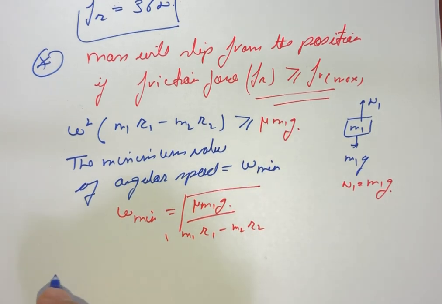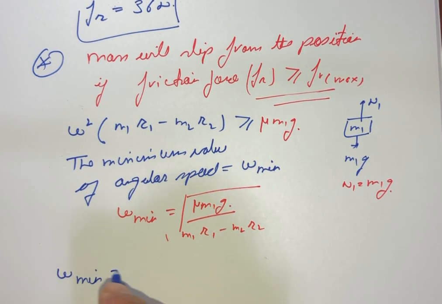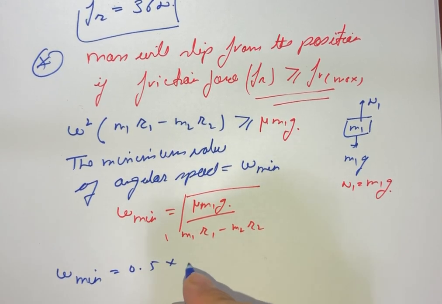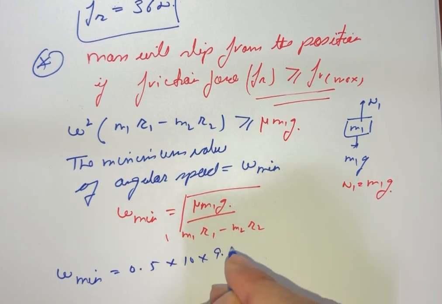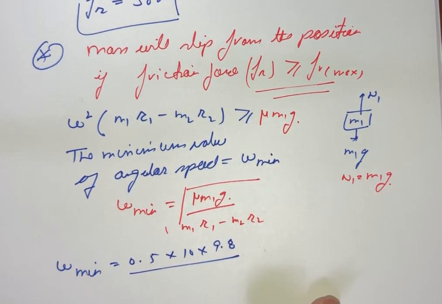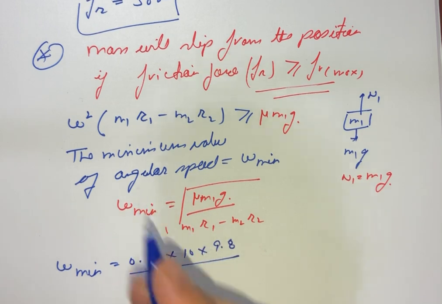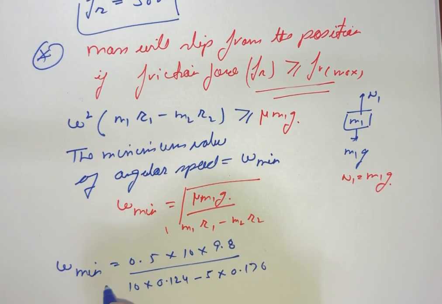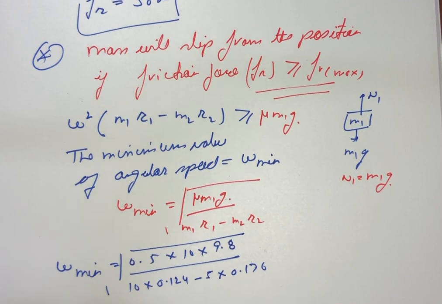So we substitute the values. Minimum mu is given as 0.5, m1 is our 10 kg, g is 9.8, and divided by m1 r1, that is 10 into 0.124, minus 5 into 0.176, and its square root.